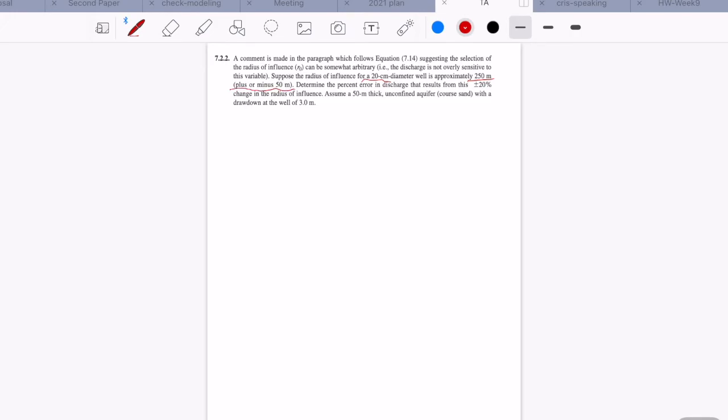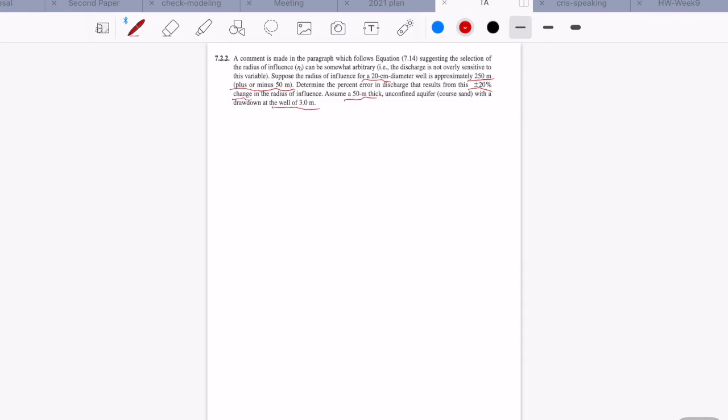We need to determine the percent error in discharge that results from this plus or minus 20% change in the radius of influence, and assume a 50 meters thick unconfined aquifer with a drawdown at the well of 3 meters.